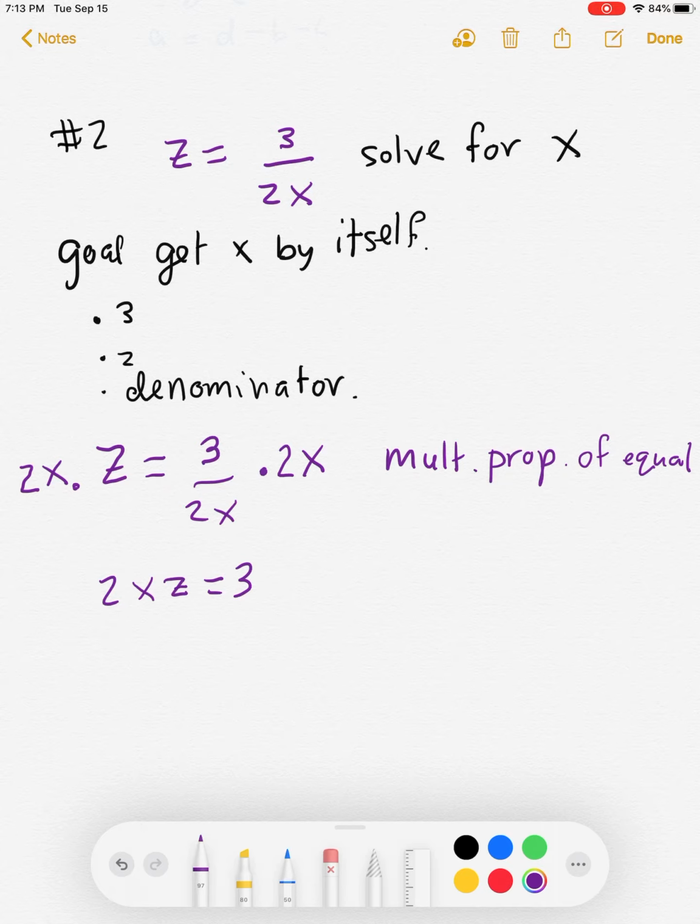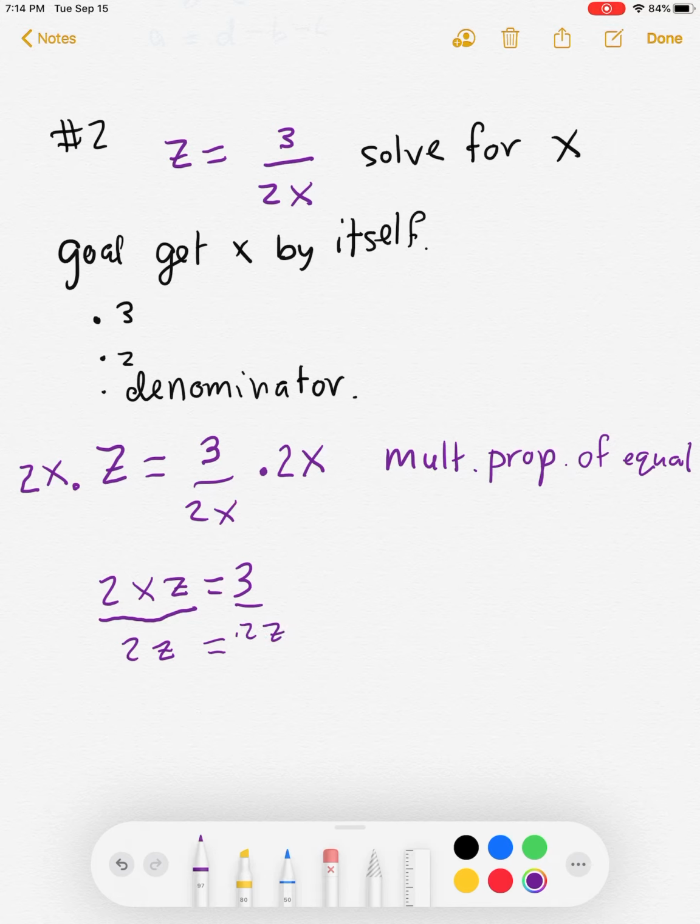The 2 and the z. So let's go ahead and divide by the 2 and the z. The reason we chose division is because the operation between the 2, the x, and the z is multiplication. If we divide one side by 2z, we have to divide the other by 2z.